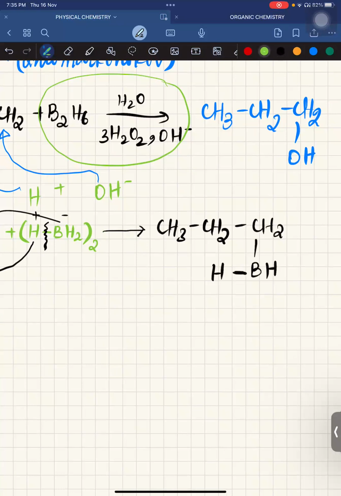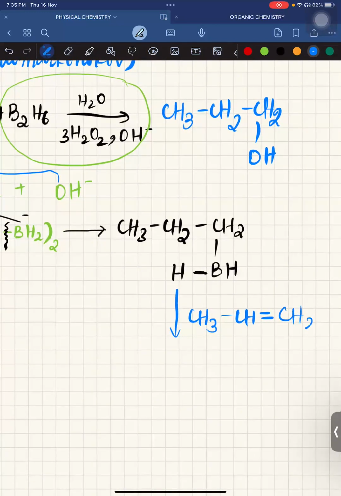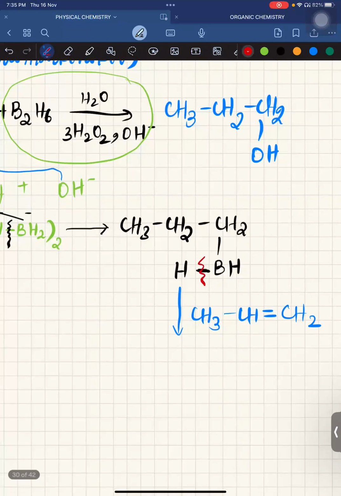Again, you are going to react this new product with CH3, CH double bond CH2. Now what will happen? This bond will be broken and this bond will be broken. Hydrogen will be going to that carbon which has lesser number of hydrogen and BH will be going to that carbon which has greater number of hydrogen. Try to understand the concept.